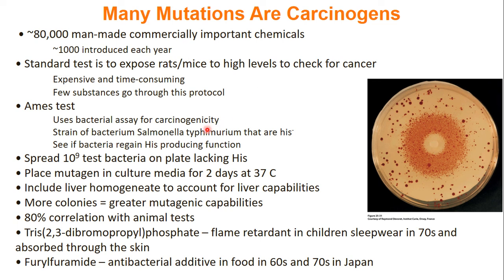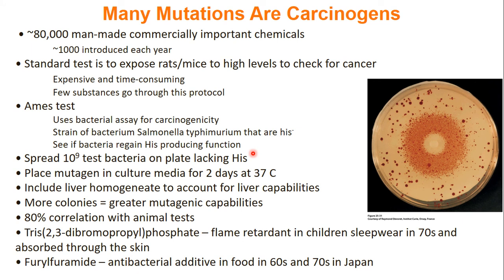So the idea of the Ames test is that you have a bacteria, Salmonella typhimurium, and these bacteria cannot make histidine. So you put them on a plate that doesn't have histidine, and you're going to see, do these bacteria spontaneously regain the ability to make histidine?